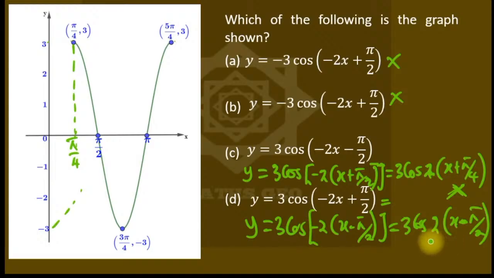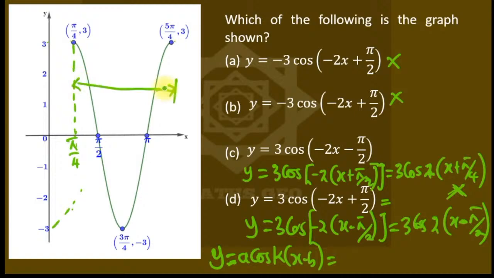But let's finish up. Remember, I told you the general function for cosine shifting: A cos K bracket x minus B. From here, let's get our K. We don't know K. We can get K using the period. From here, you see that this gap from here to here is the period.